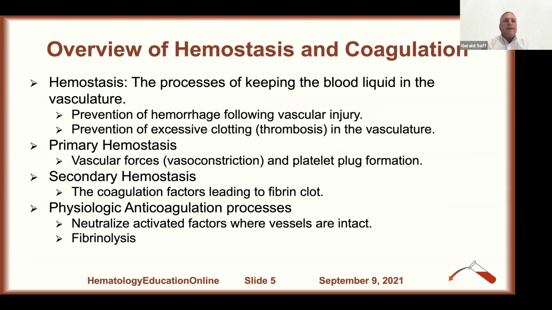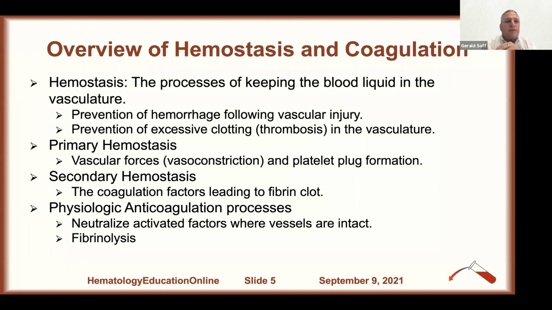So the concept of hemostasis: we use the term basically about bleeding, but in its pure Latin sense, it's keeping the blood liquid in the vasculature. We want to prevent hemorrhage following injury, and we want to also prevent excessive clotting in the vasculature.